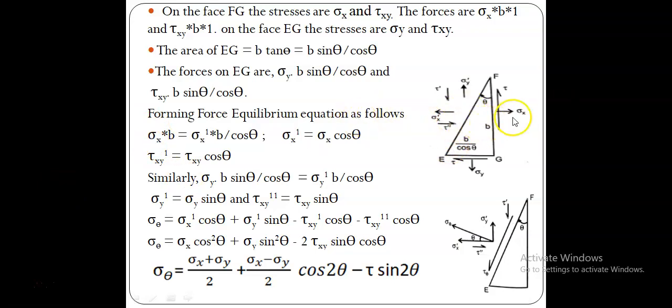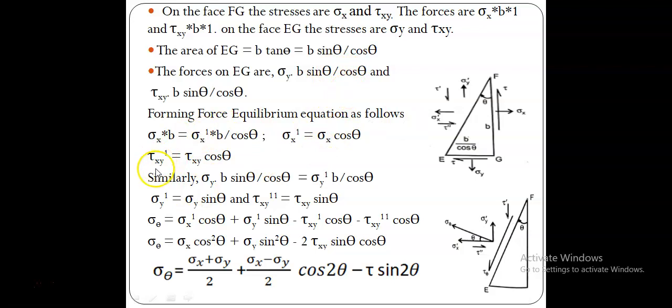First let us equate this sigma x into b into t, the normal stress, with this force sigma x dash into b by cos theta. Therefore sigma x dash is equal to sigma x cos theta, same as previous cases.